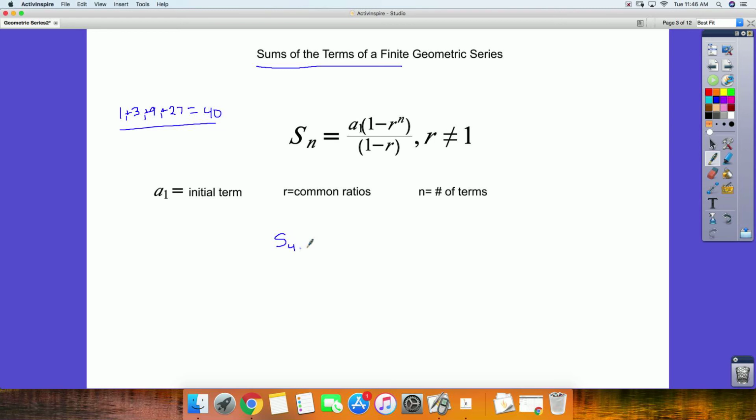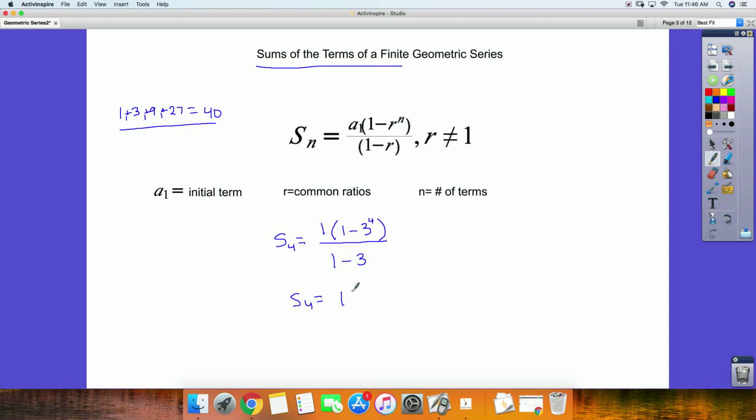If I wanted the sum of the first 4 terms of my pattern here, remember we said the first term was 1, and then 1 minus our ratio 3, and we're going to 4 terms, over 1 minus 3. So if we simplify this in the calculator, we would first do our exponent, 3 to the 4th power, which is 81.